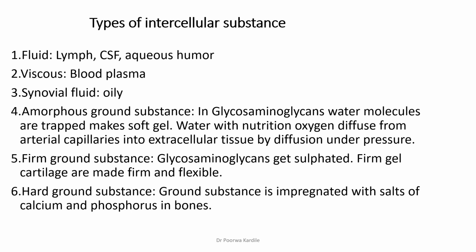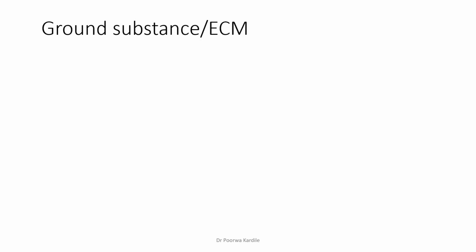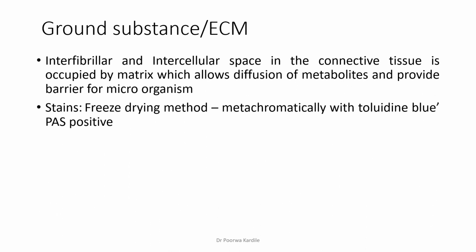In cartilage, the intercellular substance is firm because the glycosaminoglycans get sulfated, and that makes it more firm and flexible. The ground substance when stained is positive with periodic acid Schiff.